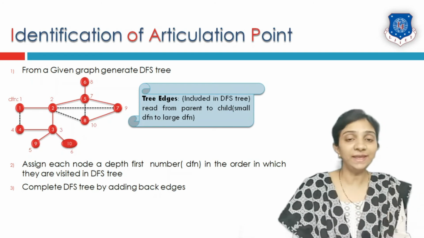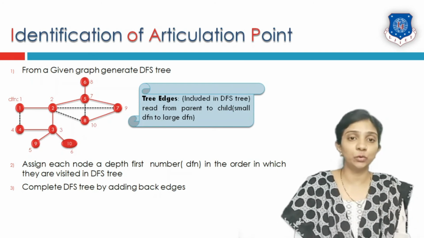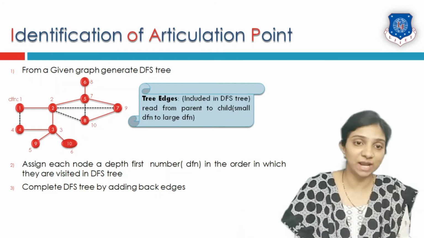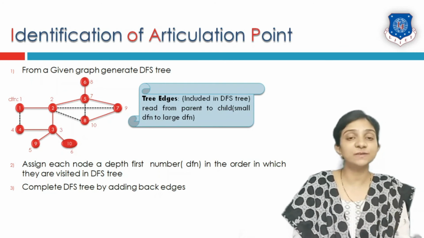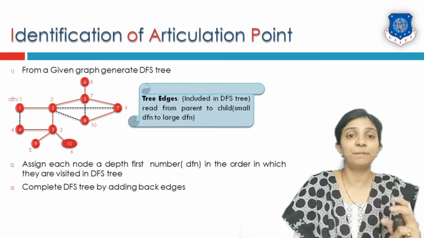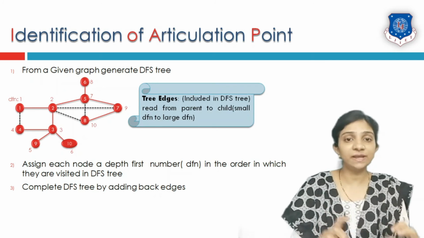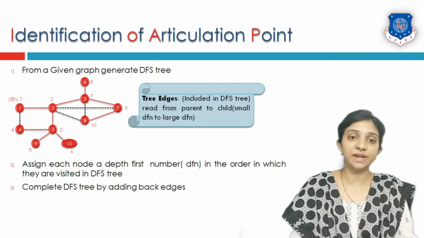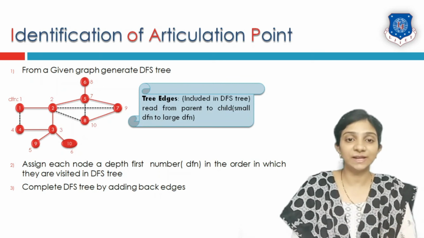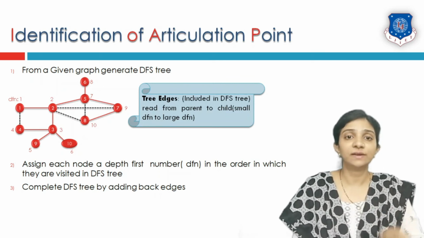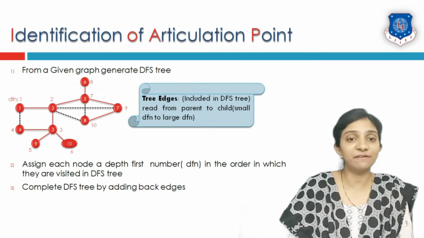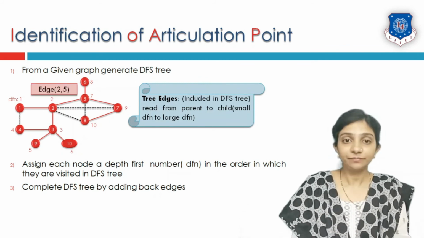Now from any two vertices, how are we going to know which vertex is a parent vertex and which vertex is a child vertex? The vertex which has the smaller DFN number is the parent vertex and the vertex which has the larger DFN number is the child vertex. So edges are read in the order from the vertex whose DFN is smaller towards the vertex whose DFN is larger.